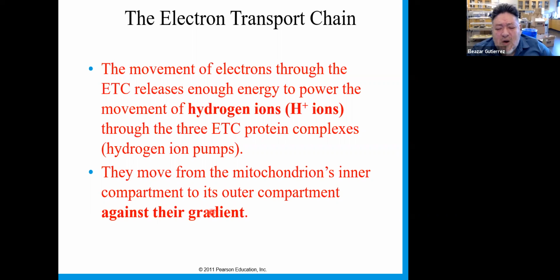We are accumulating what again? Hydrogen ions. What are hydrogen ions? They're protons. And we are accumulating them against their gradient. In other words, we're producing a proton gradient in between these two membranes.